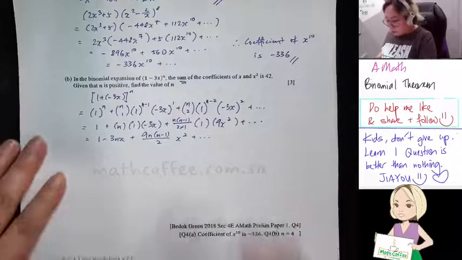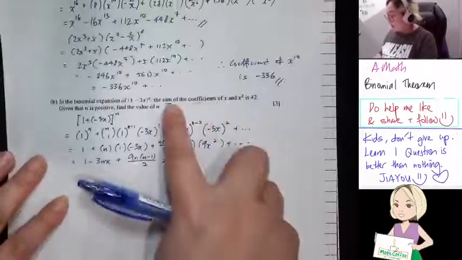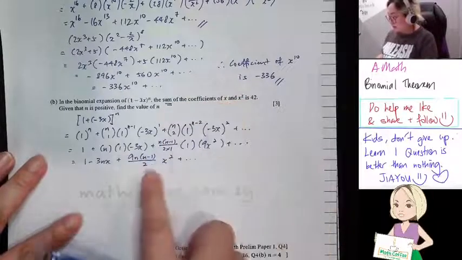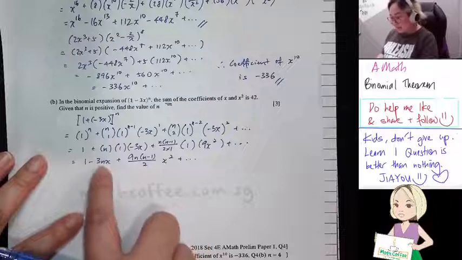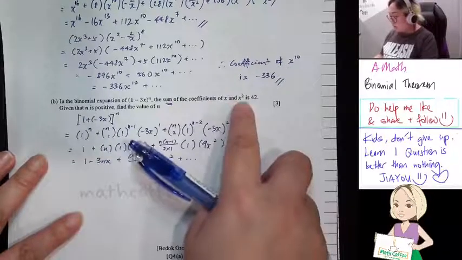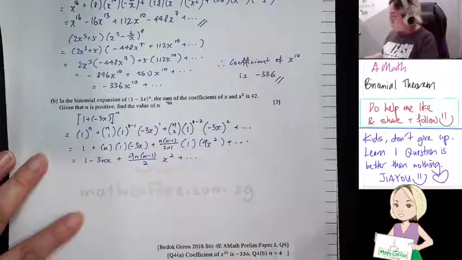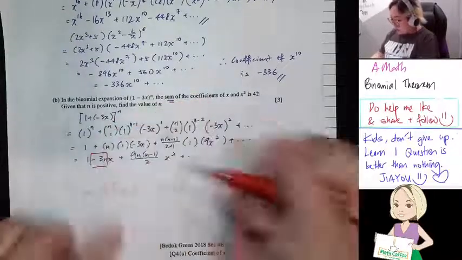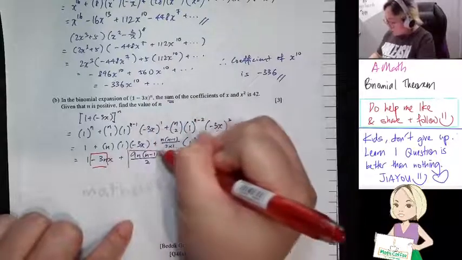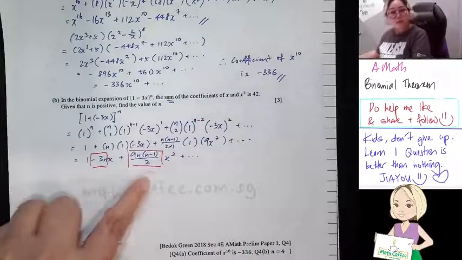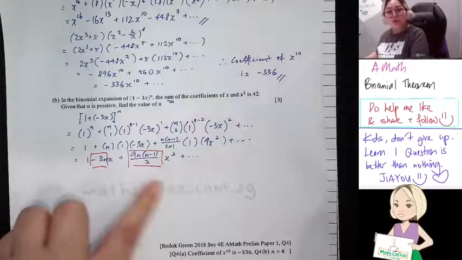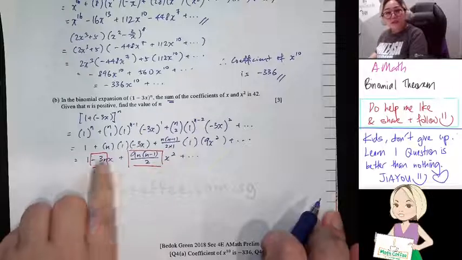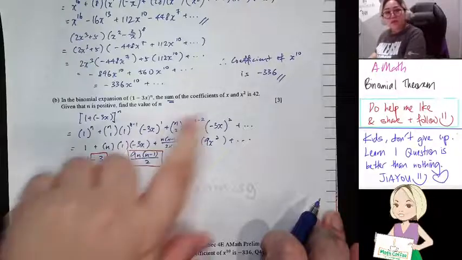Okay, so now they say the sum of the coefficient of x and x squared is 42. So what's my coefficient of x? This one, minus 3n. What is the coefficient of x squared? This part. They say the sum of these two is 42.